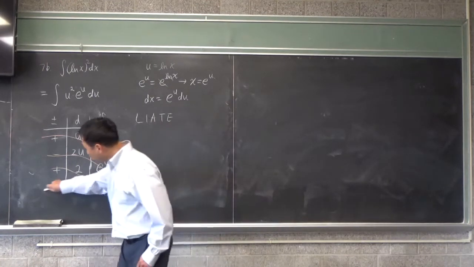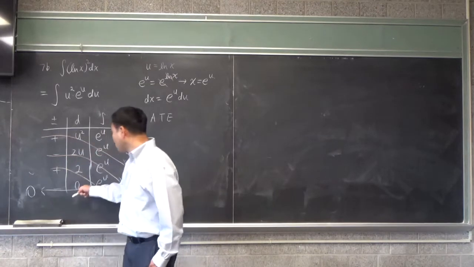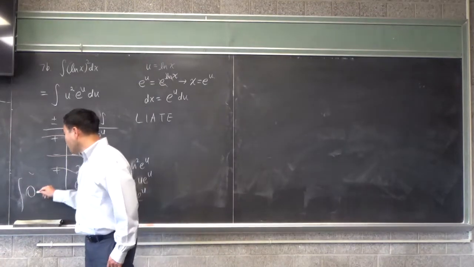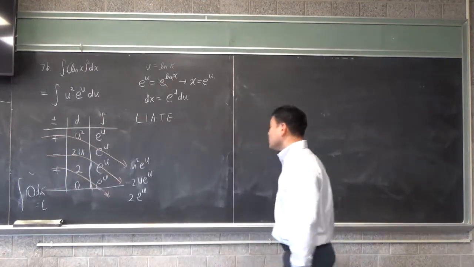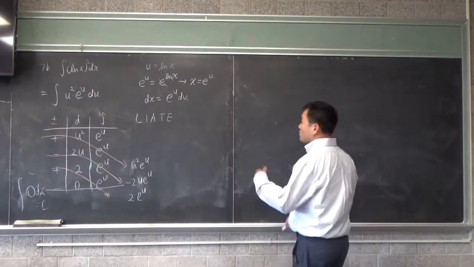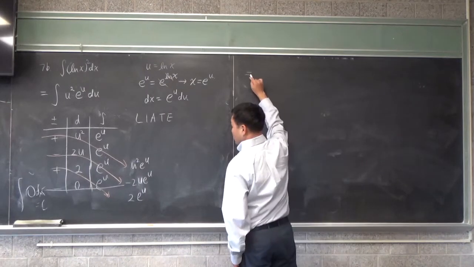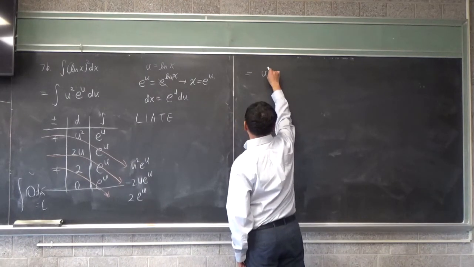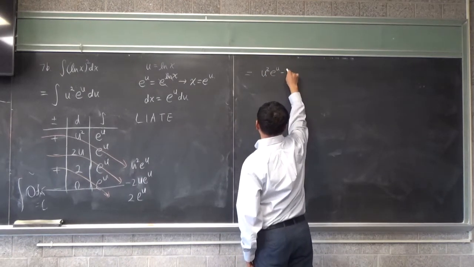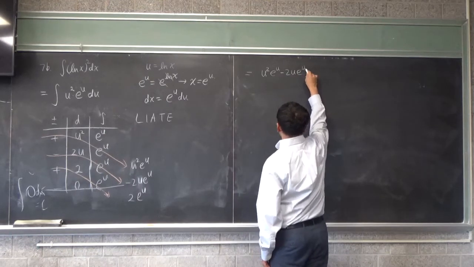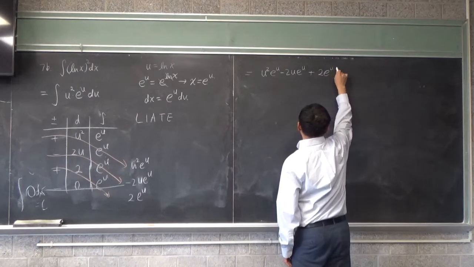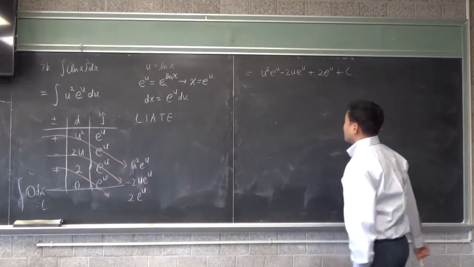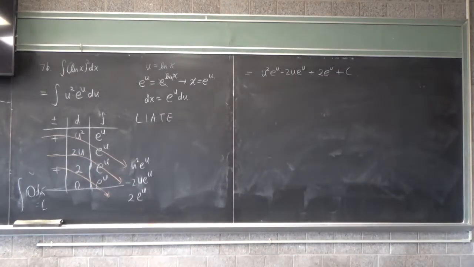And the last row is just 0 because there's a 0 here, right? So if you integrate a 0, you get a constant c. And putting all of these together, the answer would be u squared e to the u minus 2u e to the u plus 2e to the u plus c, and that's it.